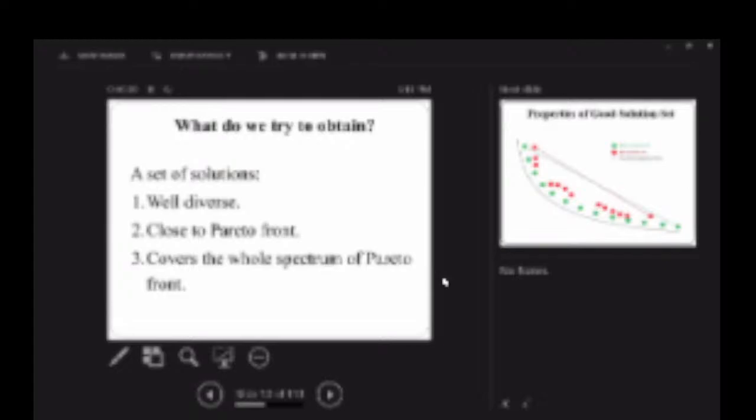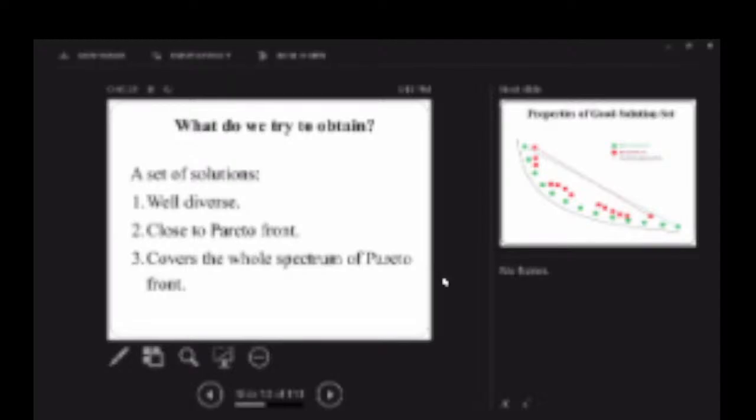The second one is that they are convergent in nature, meaning they are close to the true Pareto front. If we consider two conflicting objectives, theoretically there is a true Pareto front. In general, you cannot determine that true Pareto front, but you can visualize it, for example if these two are maximizing objectives, here your true Pareto front is there.